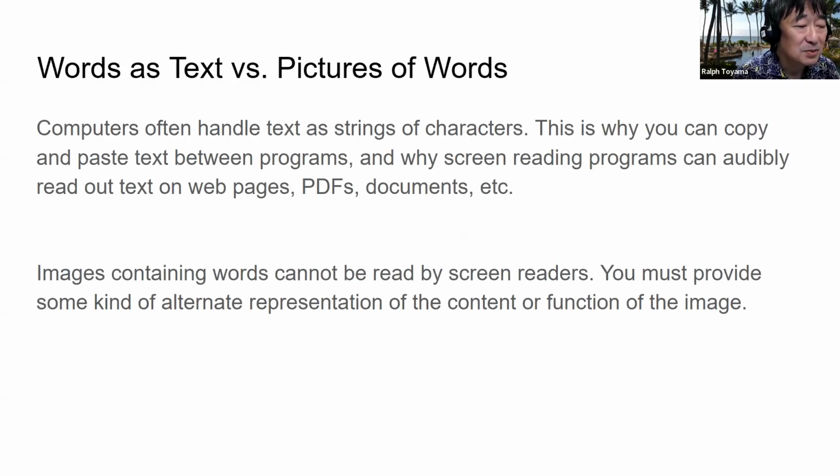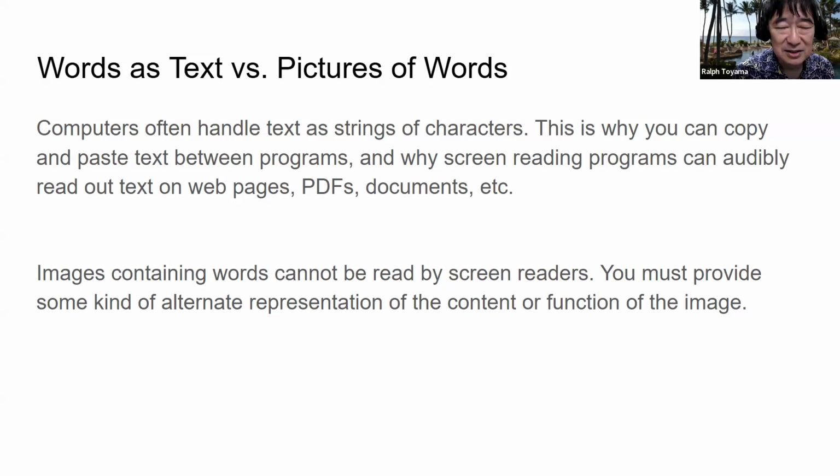So the first principle I'm going to be talking about today is words as text versus pictures of words, or graphic images. I think most of you probably intuitively understand that computers often handle text as strings of characters, and that's why you're able to copy a line of text and then paste it into another application and edit it in its new place.